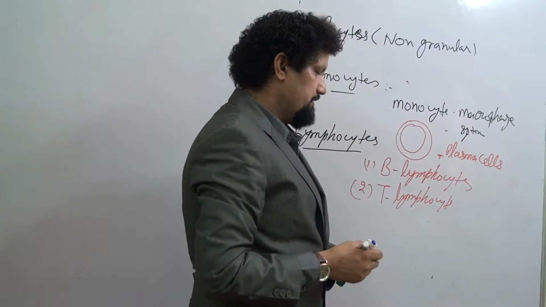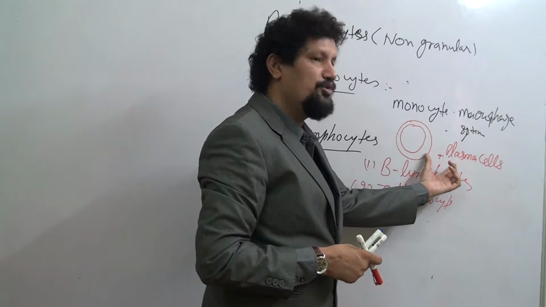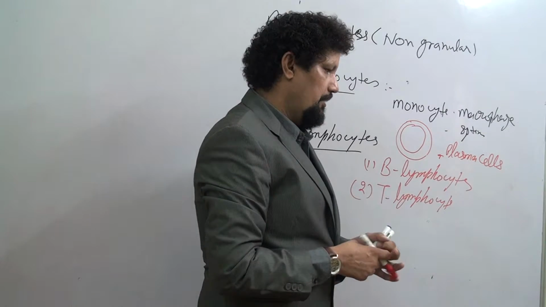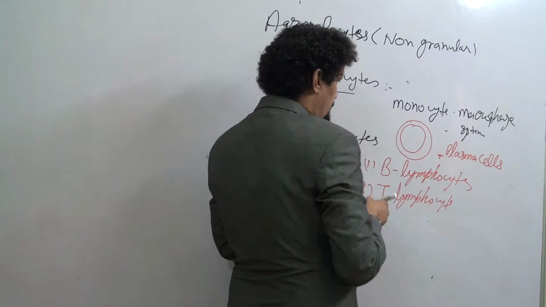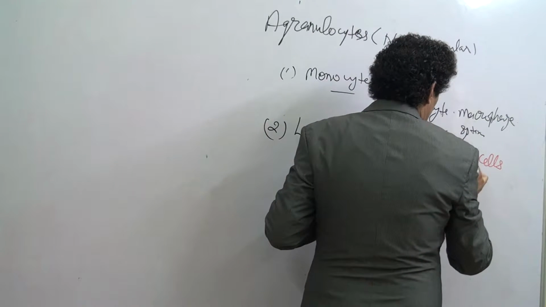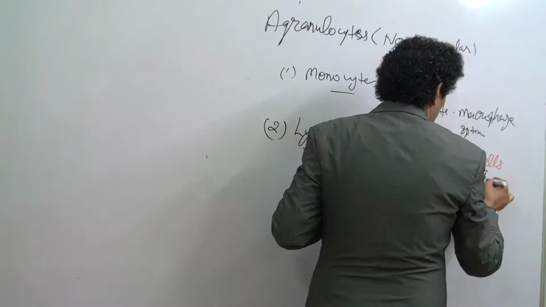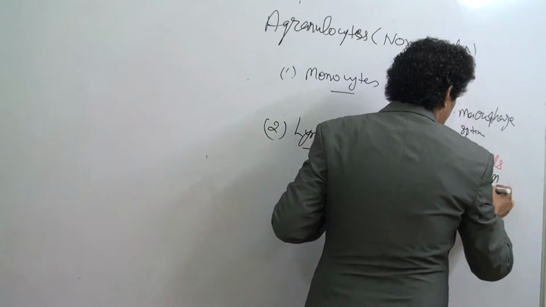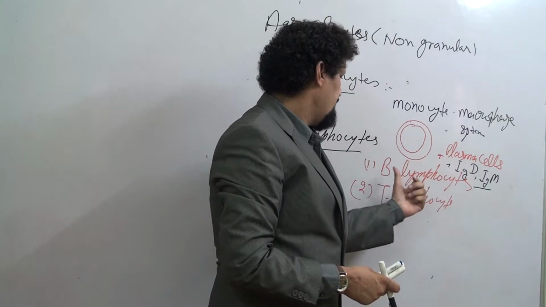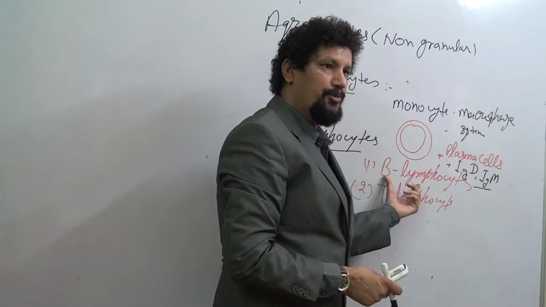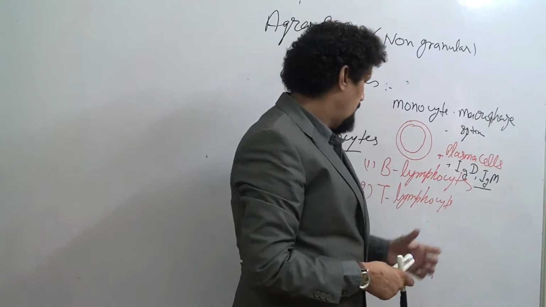And the plasma cells will form the immunoglobulins, the IgD and IgM. Immunoglobulin D and immunoglobulin M are formed by the plasma cells, which are formed by the B lymphocyte in response to some antigen.